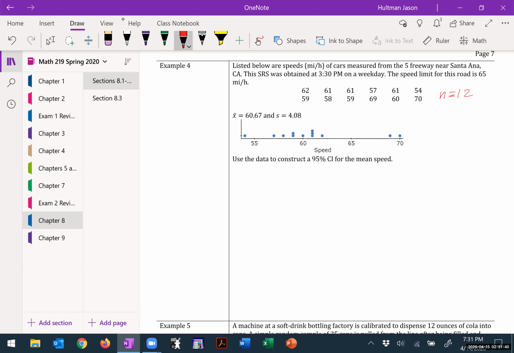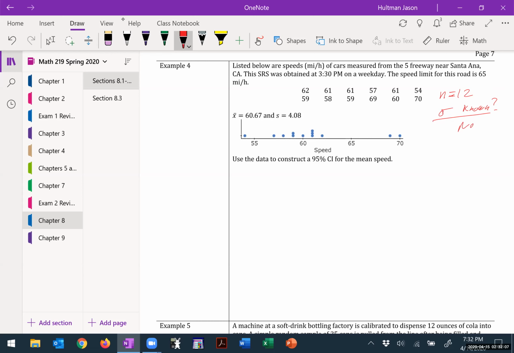Do I know the population standard deviation? Is sigma known? No. Sigma is not known. Only the sample is known.